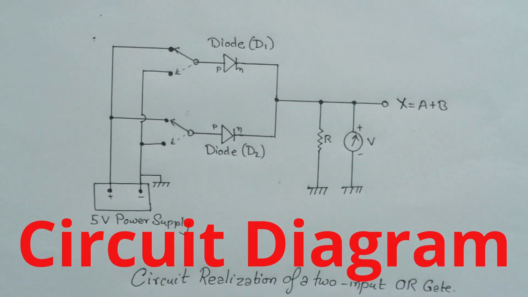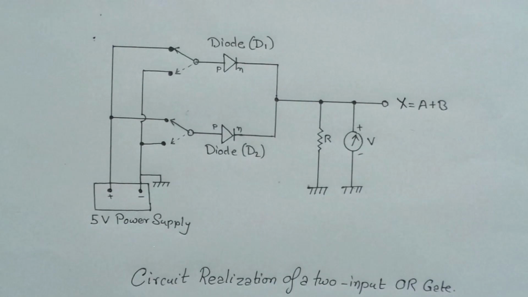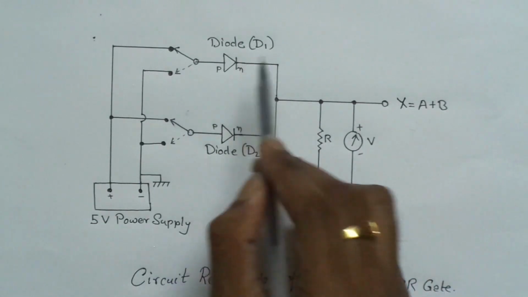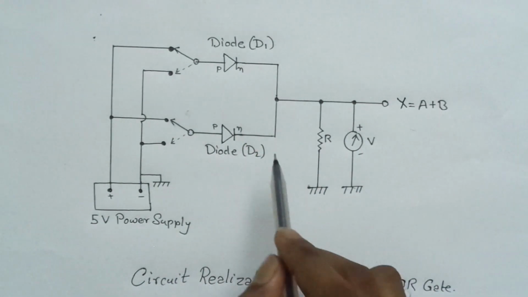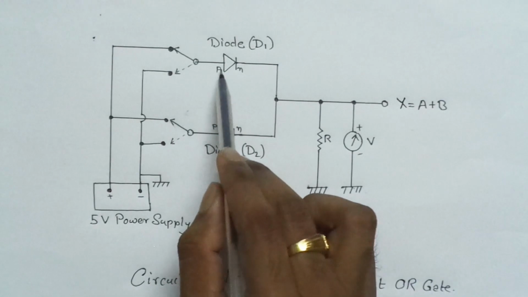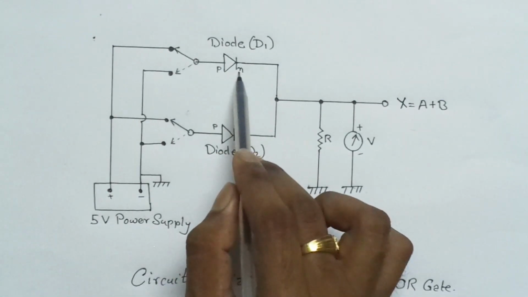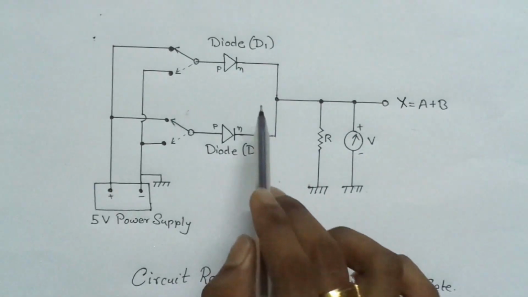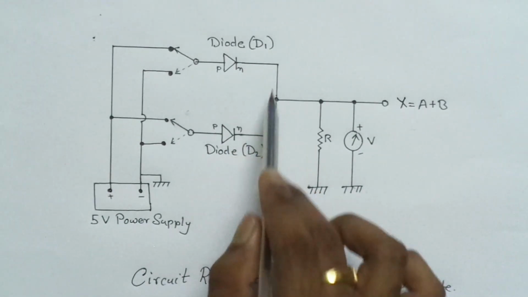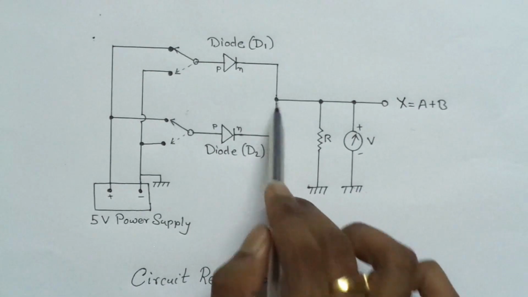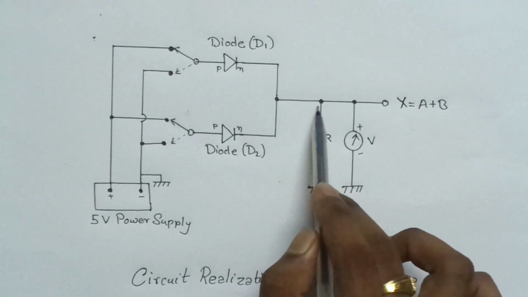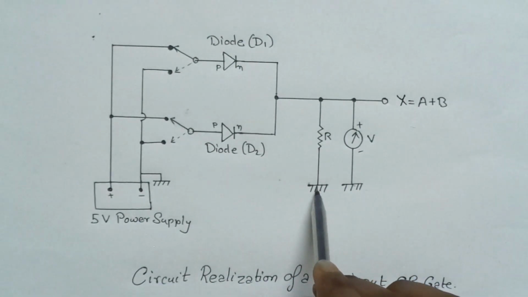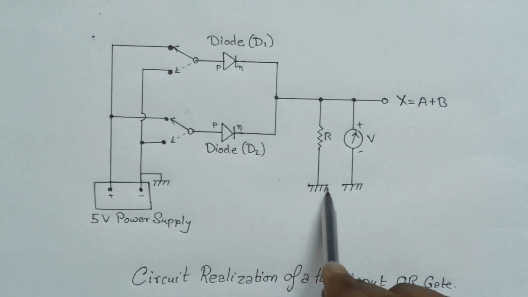Now this is the circuit diagram of the OR gate using a resistor and diodes. We can see we have two diodes, diode 1 and diode 2. The P side of diode 1 is this one and the N side is this. Again we have the P side here and the N side here. Then the two N sides of the diodes are connected to a resistor, and the other terminal of the resistor is connected to ground or 0 volt.